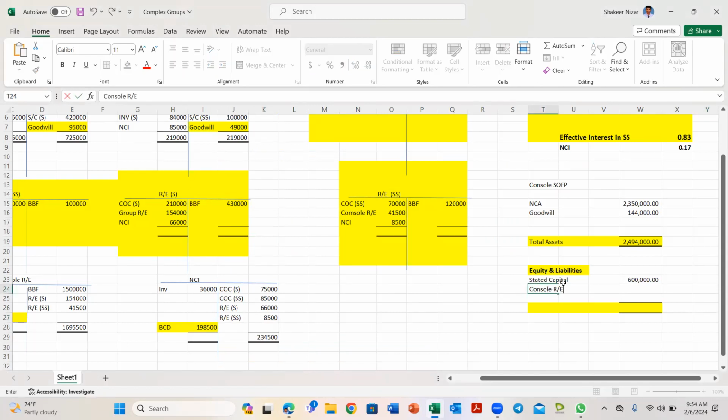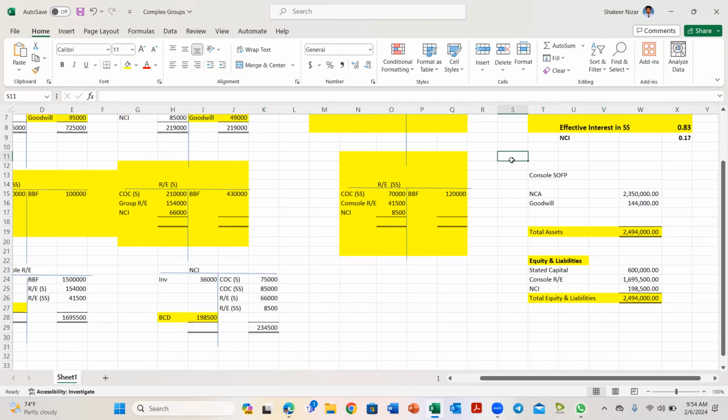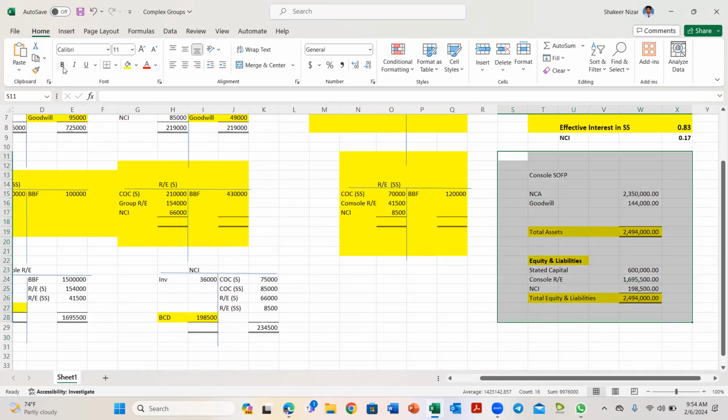What is the balance? Take this amount. And the NCI amount, non-controlling interest, is this much. And altogether that tallies, right? Total equity and liabilities. So that is the end of this question. This is the examiner's requirement, right?